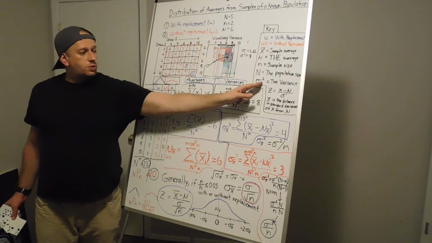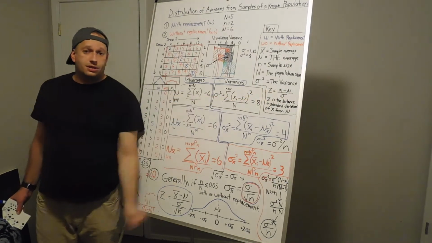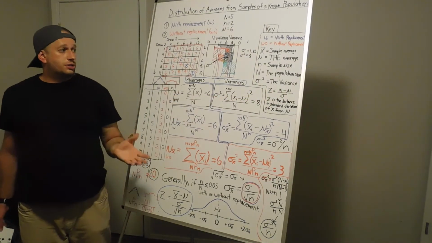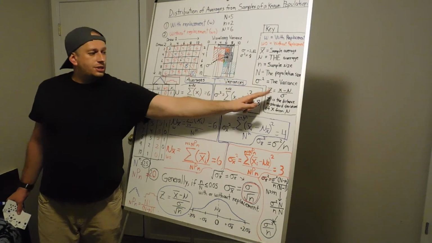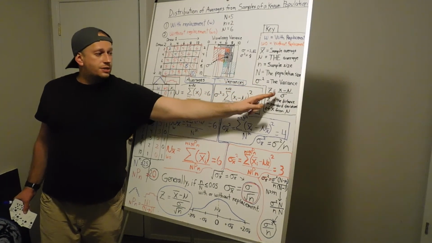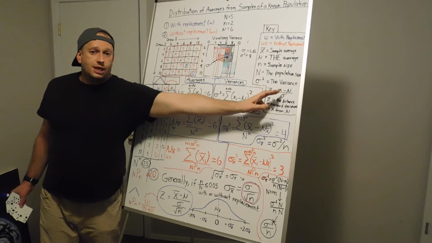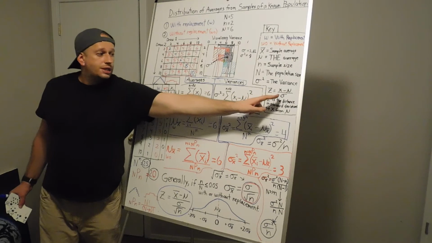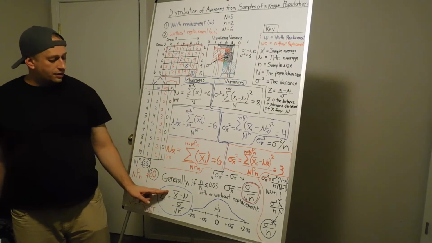So that's what sigma squared is. When you see just sigma by itself, that's the standard deviation, which is the square root of the variance. And then when you see z here, that is an individual value minus the average for that value, divided by the standard deviation, which we will actually touch on down here.